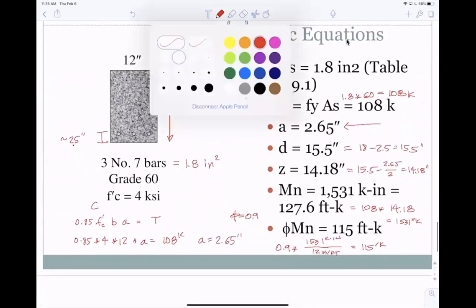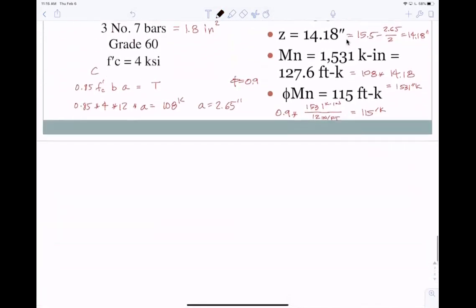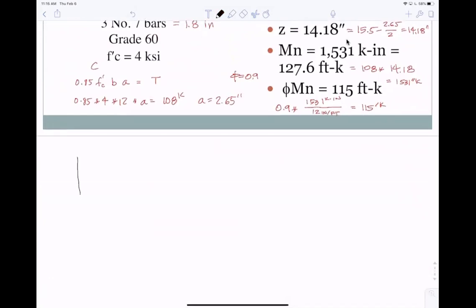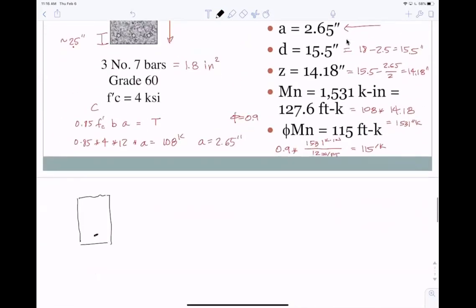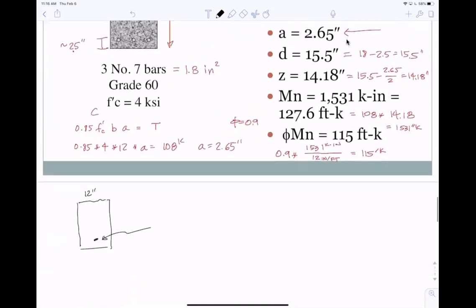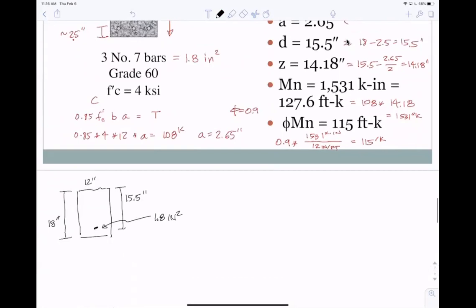Otherwise, what I'm going to do now is just repeat. So what I would do, if I was solving this, is I would have this. It was 12 inches. The area of steel was 1.8 inches squared. This distance here was 18, which means that this distance here is 15.5. Just subtract 2.5. Okay, so if I was to solve this by hand on paper, f'c is 4 ksi.